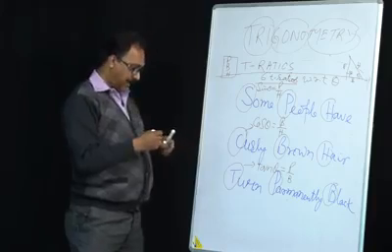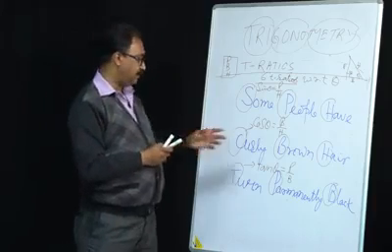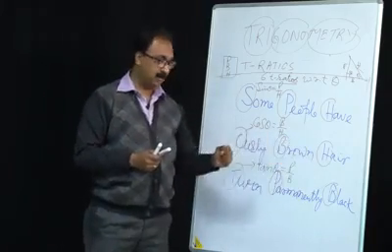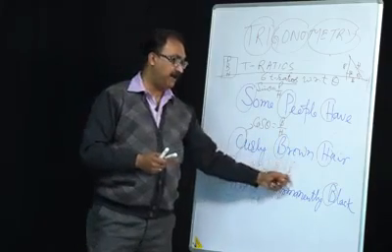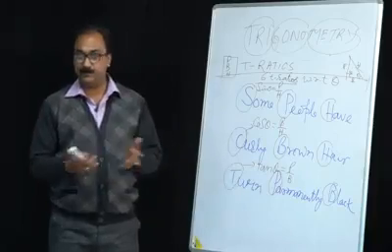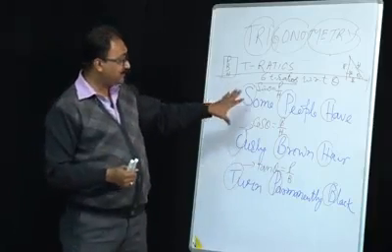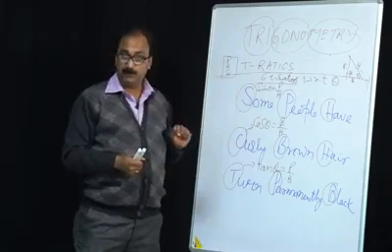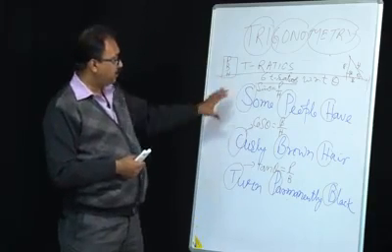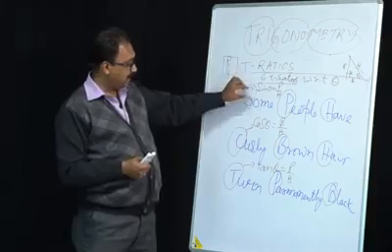Some people have, sin P by H; curly brown hair, cos B by H; turn permanently black, tan P by B. It's very nice to remember. So please write it down in your copy or on chart paper. In this way you can remember it for a whole life. So these 3 I made: sin, cos, tan.